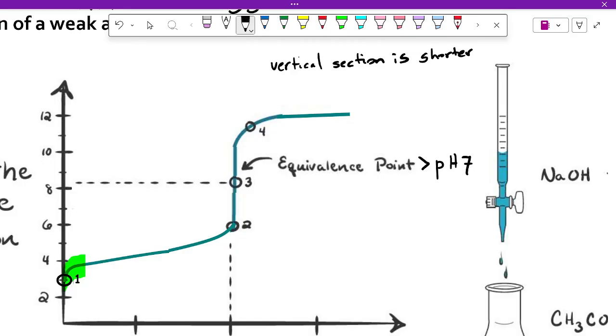Does it take any more or less base to get to the equivalence point?